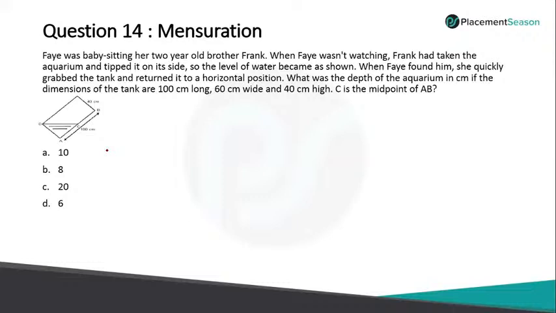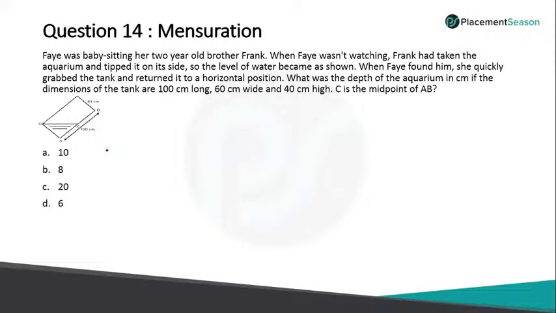Okay, again a question from the topic mensuration. Faye was babysitting her 2-year-old brother Frank. When Faye wasn't watching, Frank had taken the aquarium and tipped it on one side.